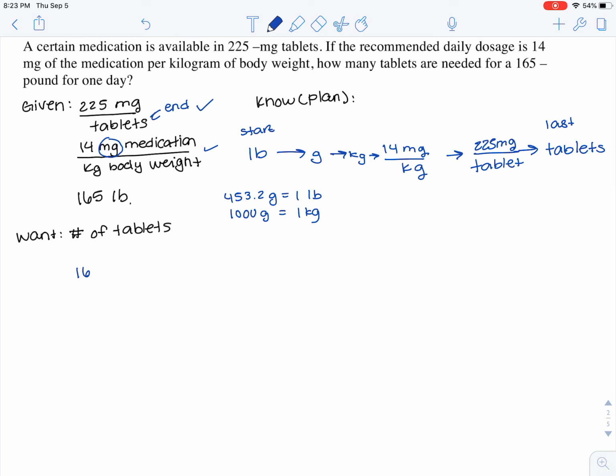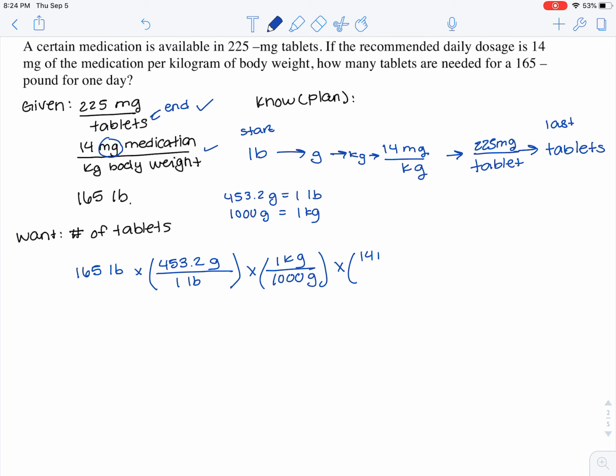So I have my 165 pounds, multiplied by my conversion factor, 453.2 grams divided by 1 pound, times 1 kilogram divided by 1,000 grams, times, now I will use my milligrams versus kilogram.